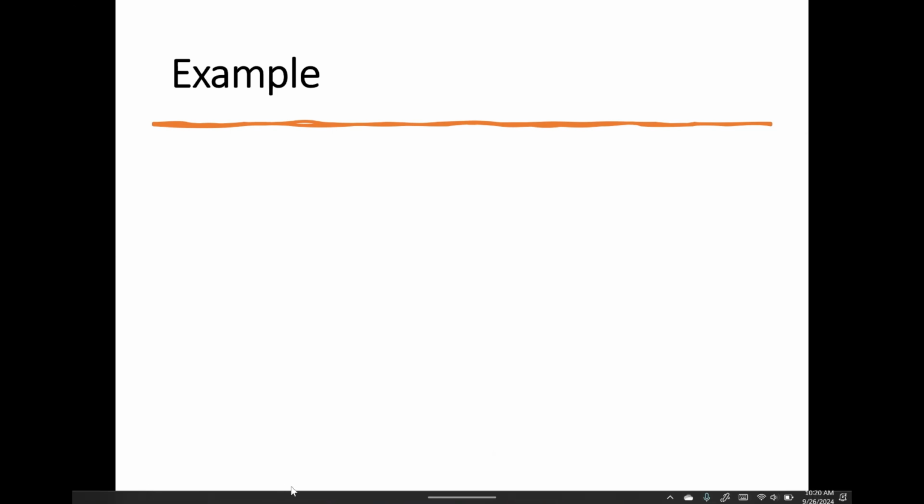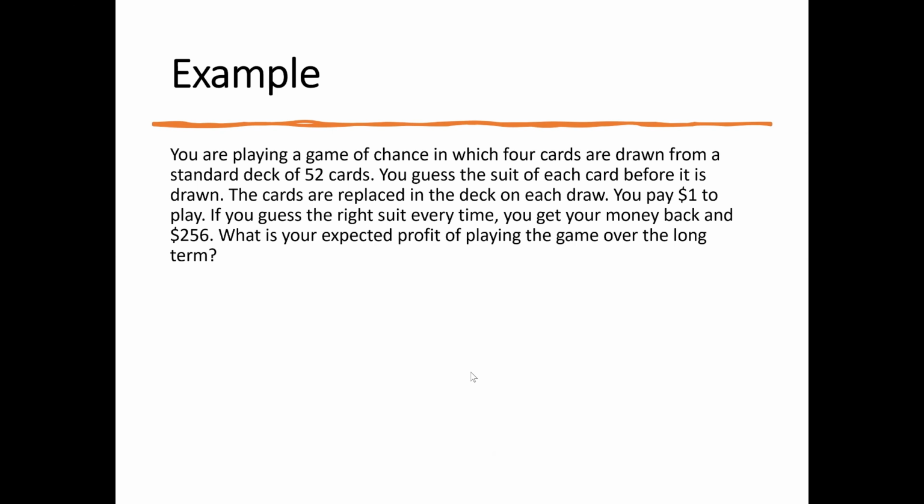So we're looking at a discrete probability distribution where our random variable is what? What are we interested in? The profit? Yeah, the amount of money you make. So we're interested in the amount of money you make, the amount you profit.